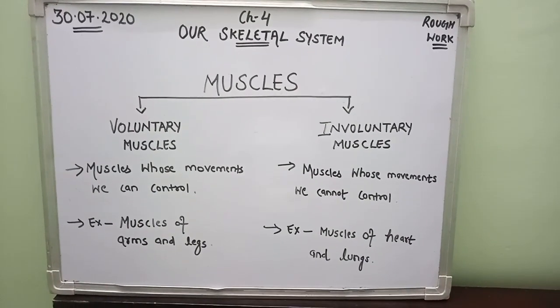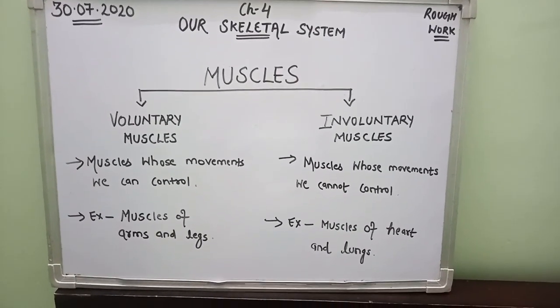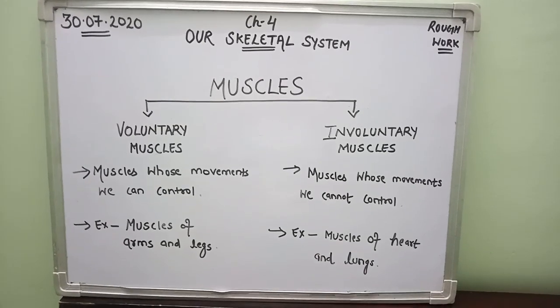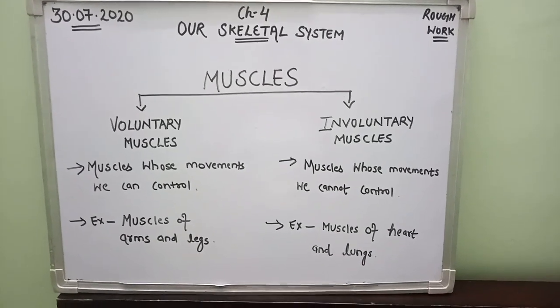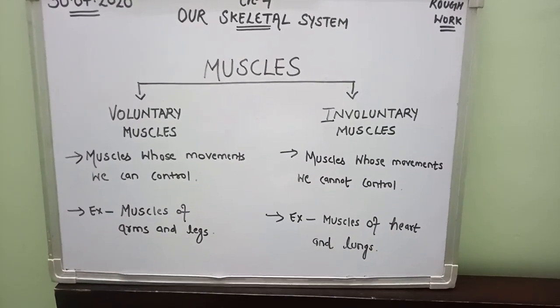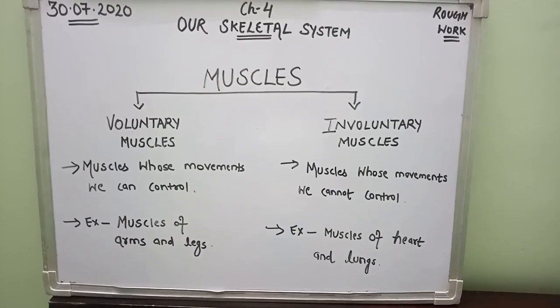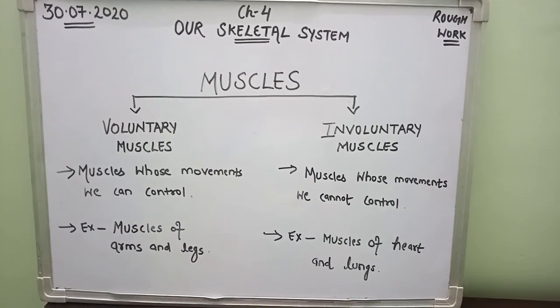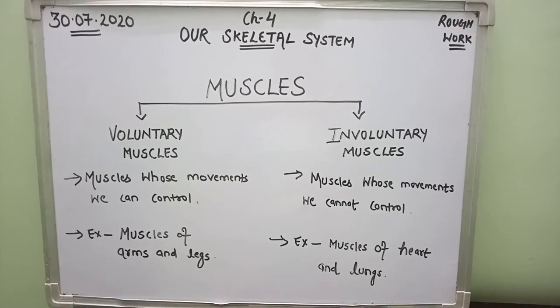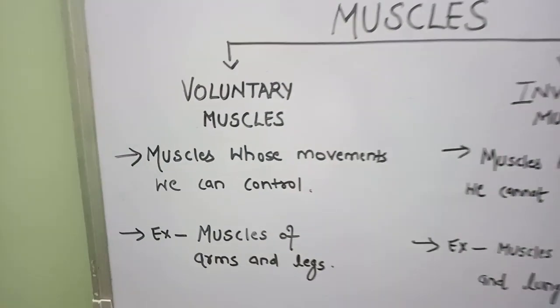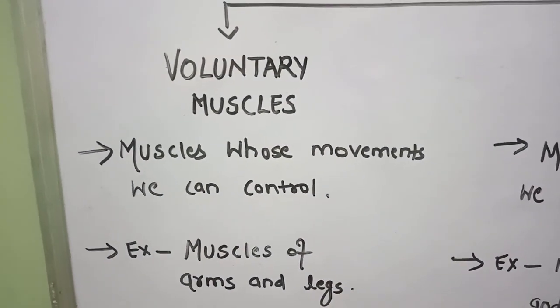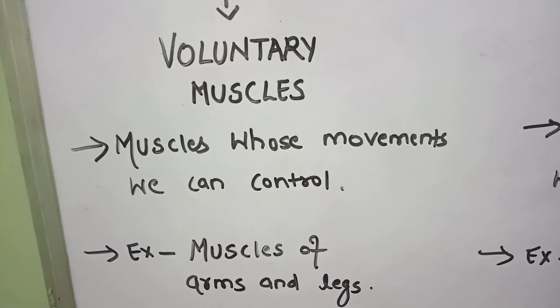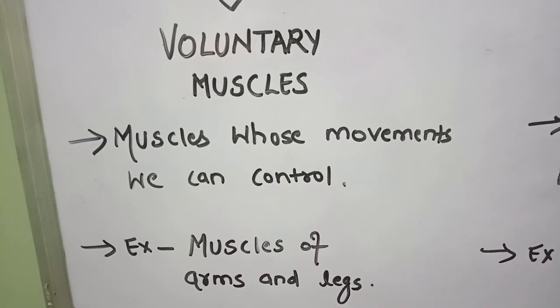Muscles can be voluntary and involuntary. Okay? In other words, we can say we are having two types of muscles. First one is voluntary muscles and second one is involuntary muscles. So let's have a look at this one by one. Voluntary muscles, muscles whose movements we can control.